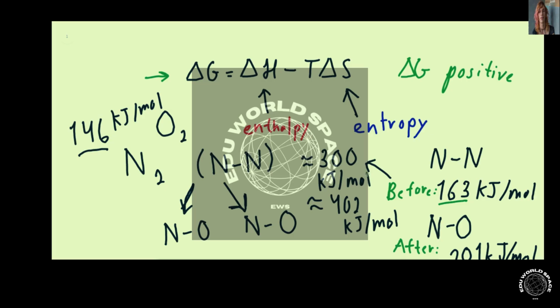And there's a little bit of nuance here. Your teacher or professor could easily challenge you that the entropy is higher, and therefore, assuming constant temperature, the entropy term is going to subtract from the positive delta H over here, which is roughly 100 kilojoules per mole.